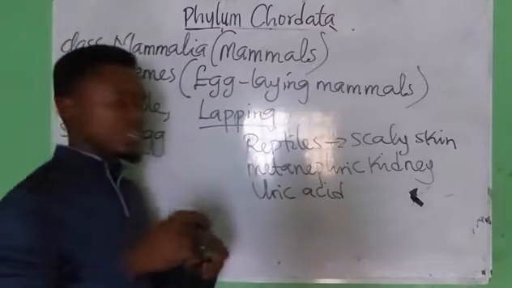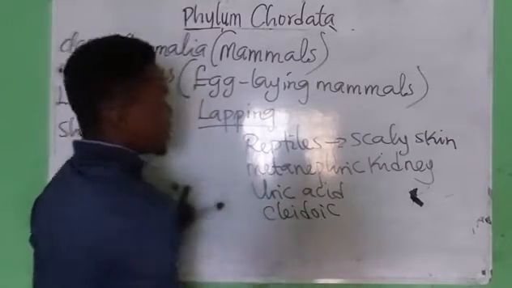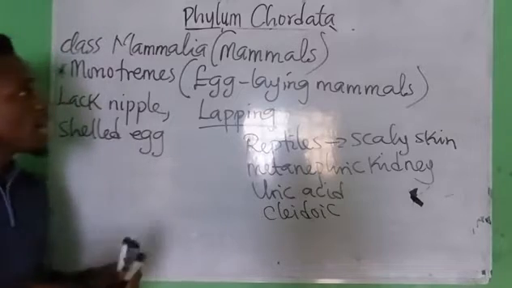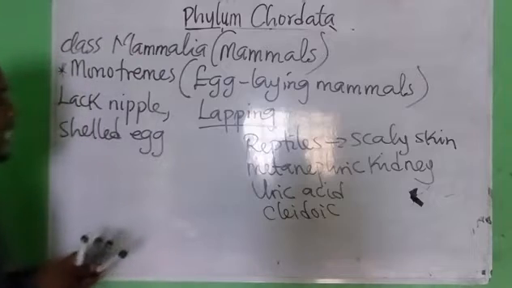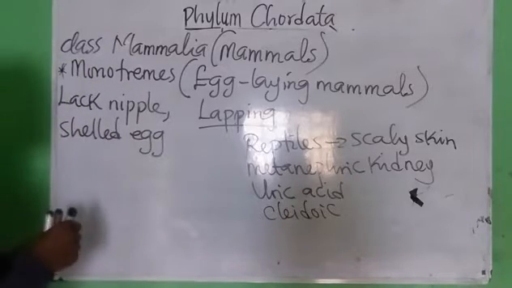Their egg is called a cleidoic egg. But the eggs of amphibians are called anamniotic eggs, because they lack amniotic fluid. So, please take notes. Is there another one I've not said here?